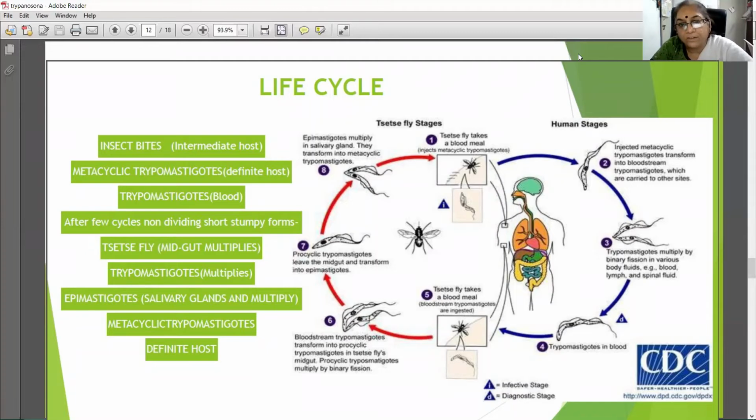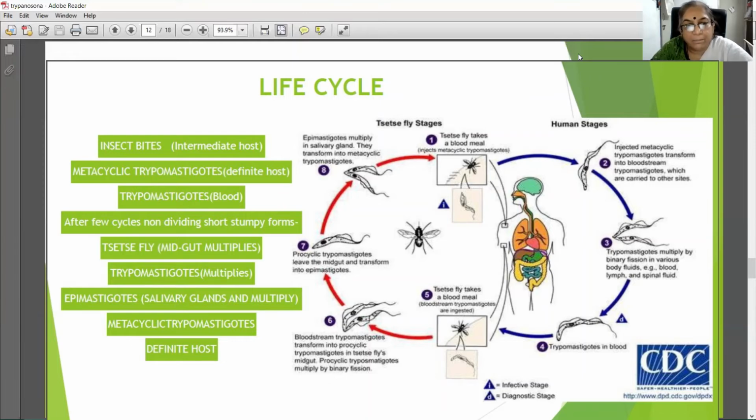So, from short, stumpy, non-dividing forms, when the tsetse fly bites the human beings, they enter into the midgut of the tsetse fly, multiply there, get converted into trypomastigote forms, and travel to the salivary glands, where they get converted to epimastigotes.